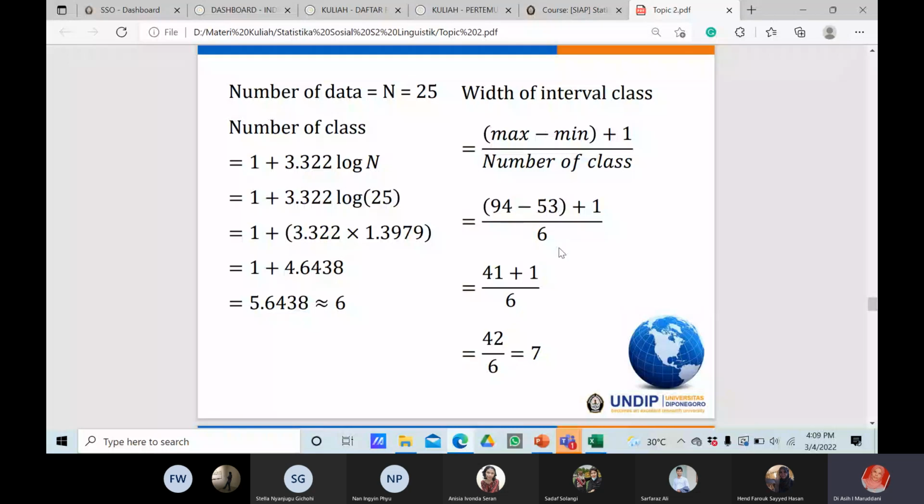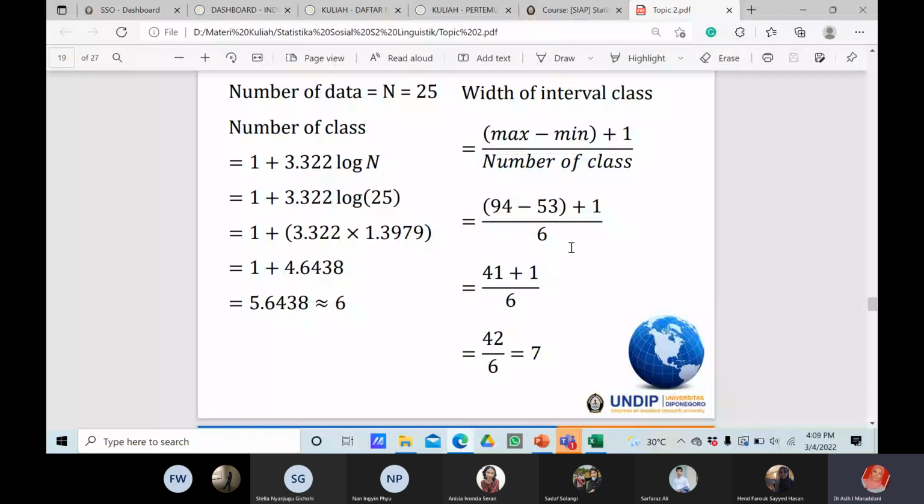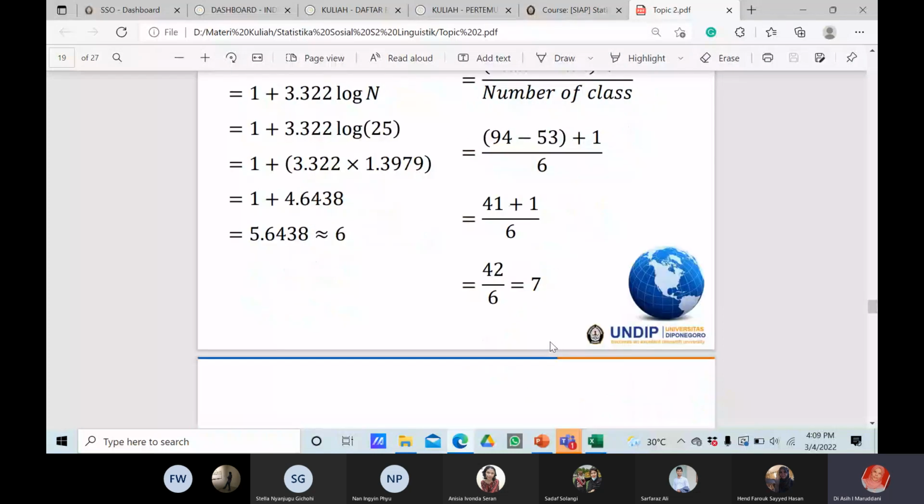Then we count step by step. 94 minus 53 is 41, plus 1 is 42, divided by 6 equal to 7. Then we can produce the formal table using this new calculation. The number of class is 6, the width of interval class is 7.